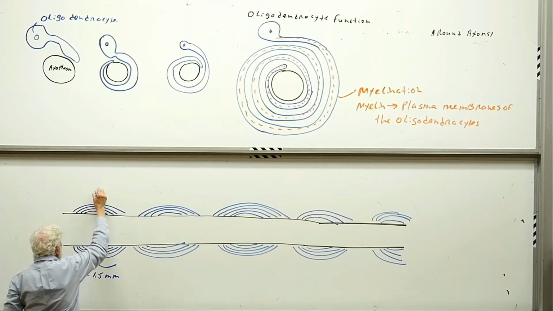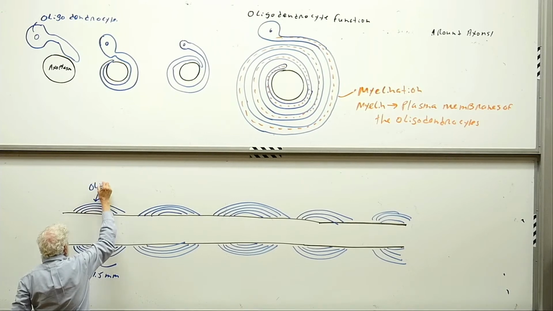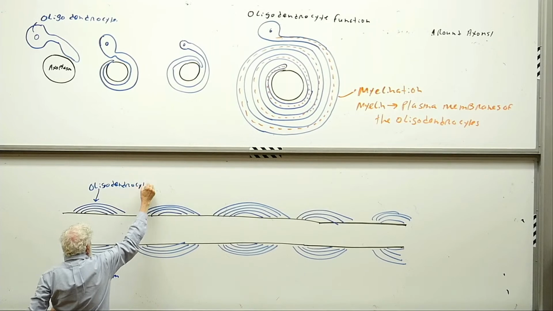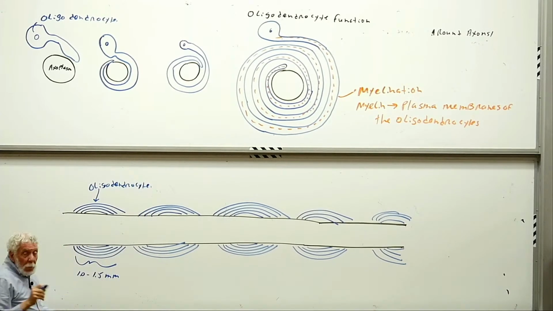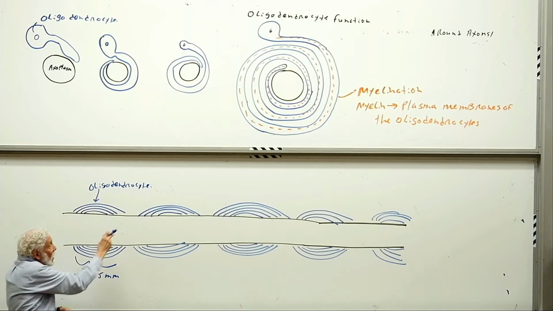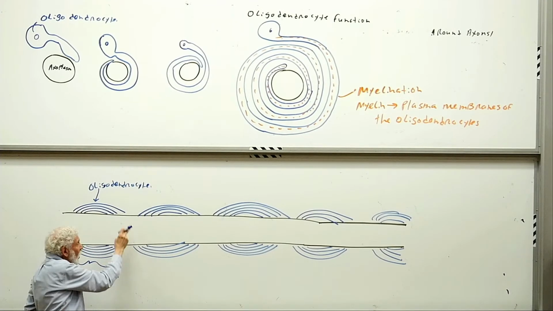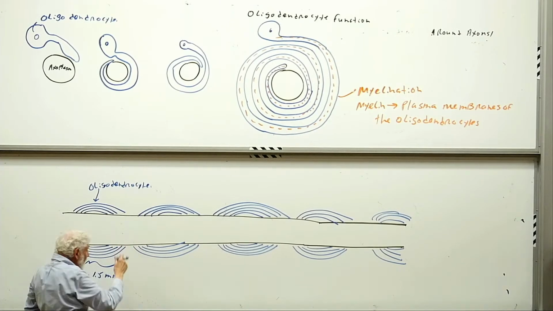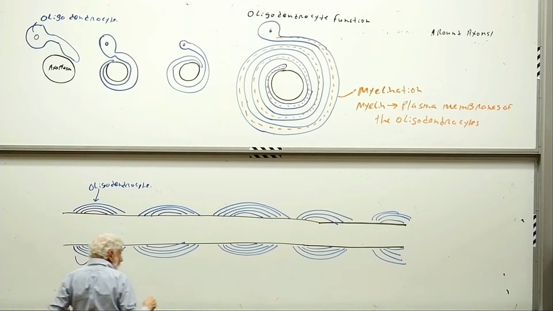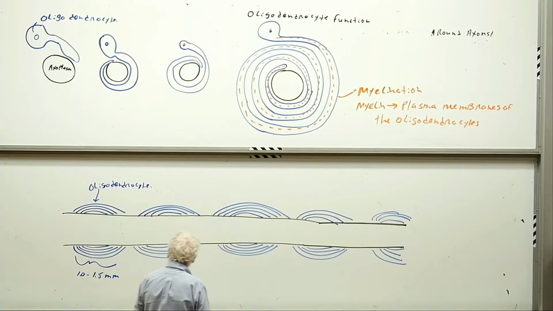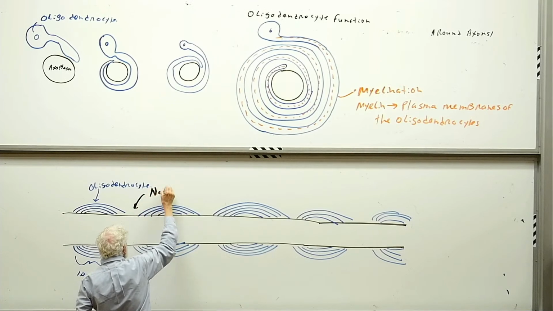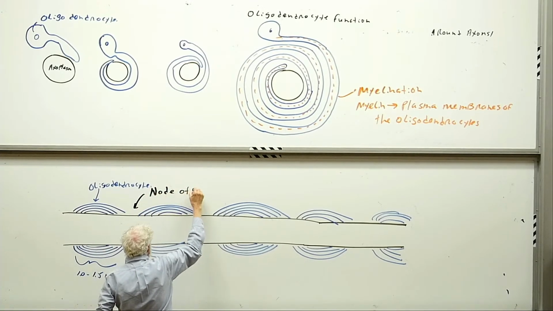This is also an oligodendrocyte. But every millimeter or millimeter and a half, there's this naked region of the axon membrane, the axolemma. And this naked region of the axolemma, this site here, is called the node of Ranvier.